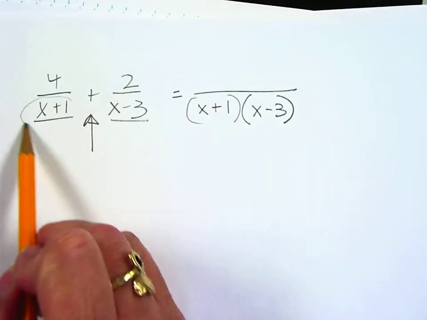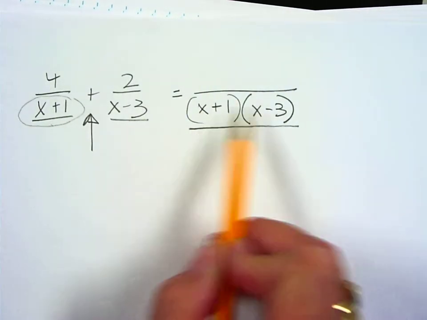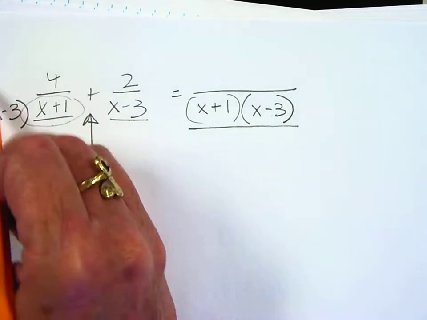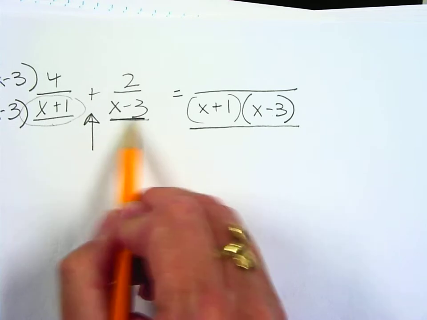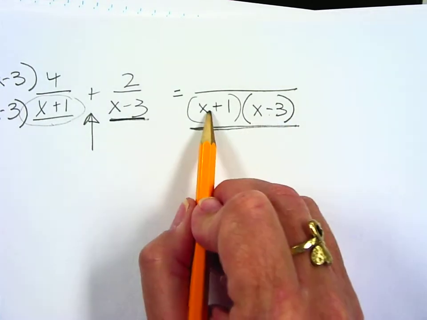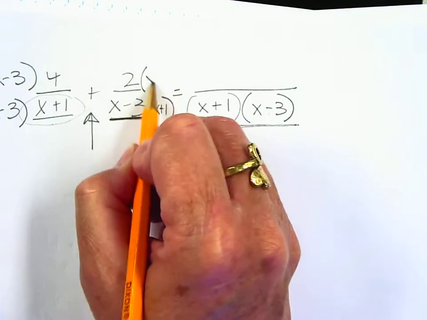How does this become this? Multiply x plus 1 times x minus 3. If I do it in the denominator, I have to do it in the numerator. How does x minus 3 become this? I multiply x minus 3 times x plus 1. Whatever I do to the denominator, I do to the numerator.